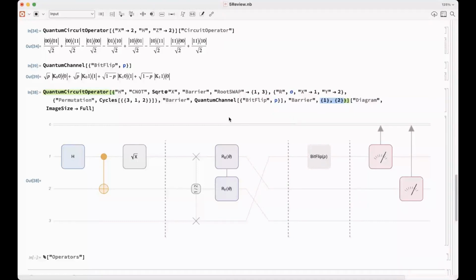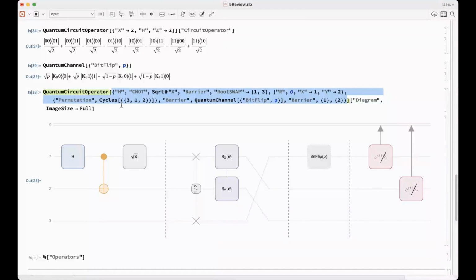This representation we usually call the shorthand representation for our circuit operator. Here we are using a collection of named operators, and behind the scene, we do the calculation for you. For example, we automatically understand that when you give a string H, this is the quantum operator Hadamard. You can give it explicitly.